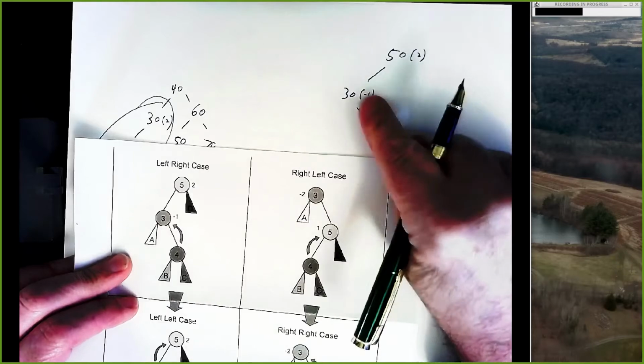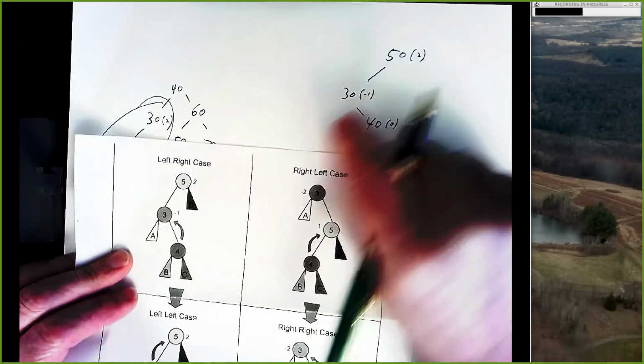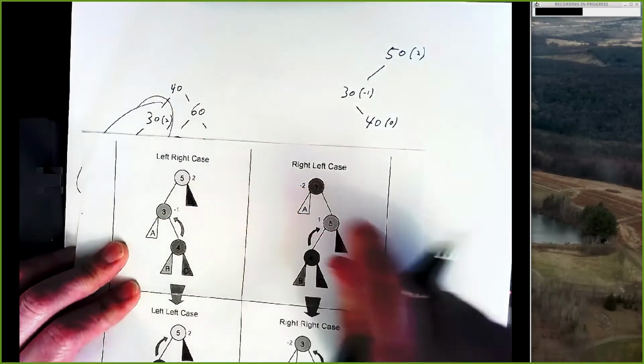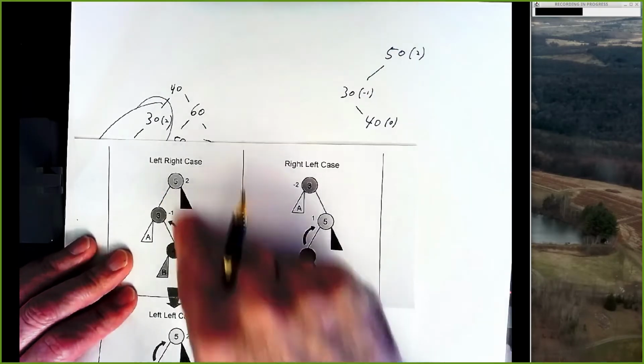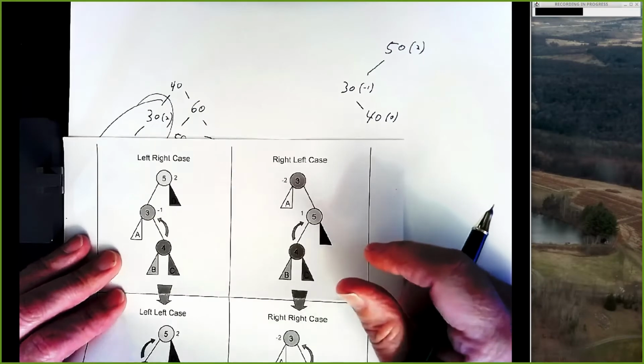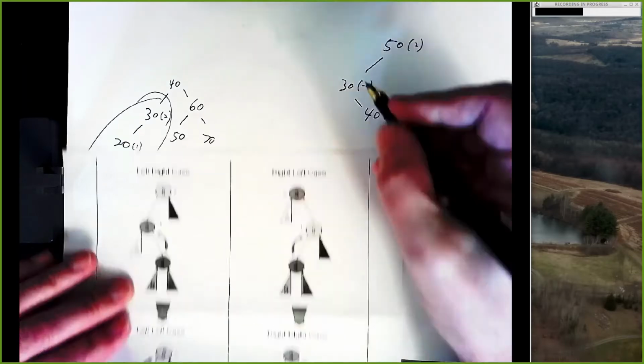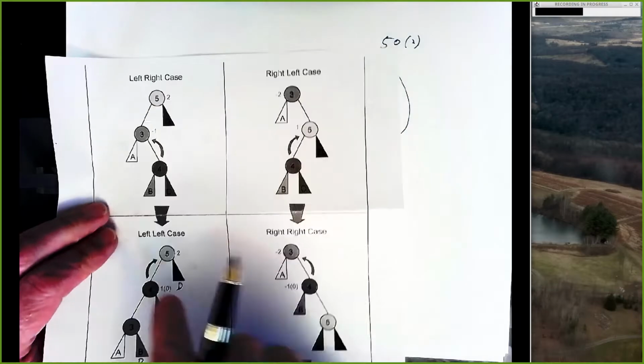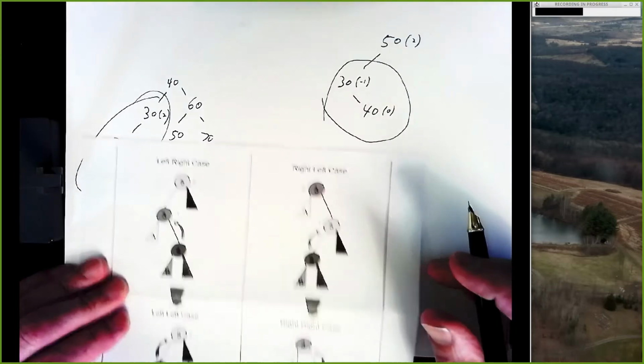That difference in sign, the 2 and -1, or the -2 and +1, tells you you're in this left-right or right-left case. In this case, it's a left-right case. The first thing we do is make an adjustment on this part of the tree, not to balance it, but to change it into a left-left case.